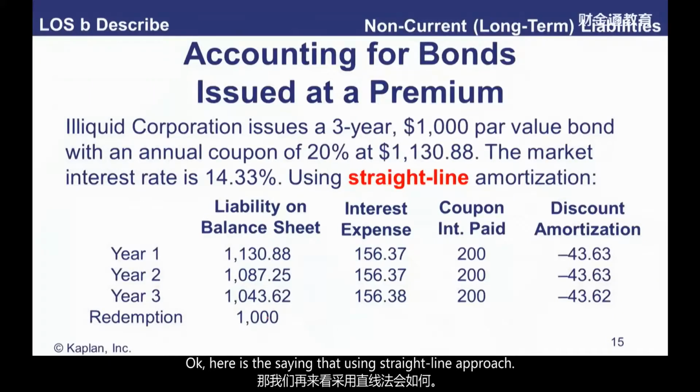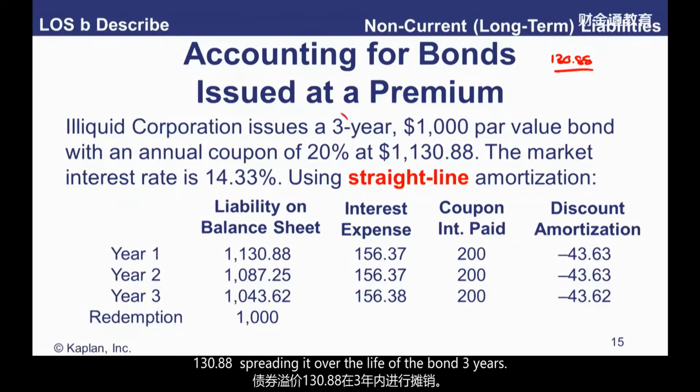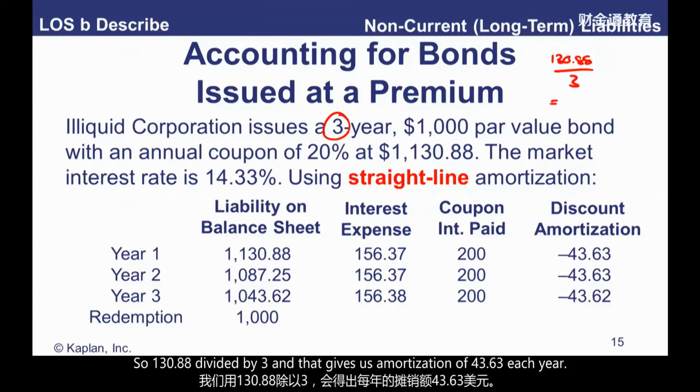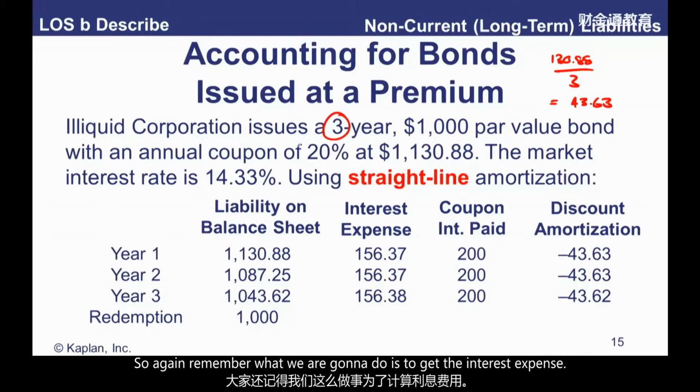Okay, here's the same using a straight line approach. So again, all this is doing is looking at the premium, 130.88, spreading it over the life of the bond, 3 years. So 130.88 divided by 3, and that gives us amortization of 43.63 each year. So again, remember what we're going to do is to get the interest expense.